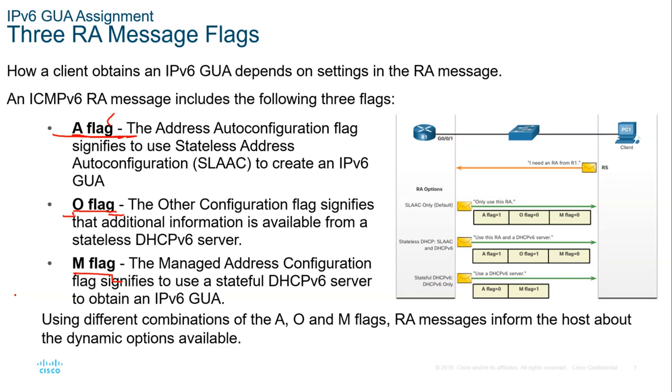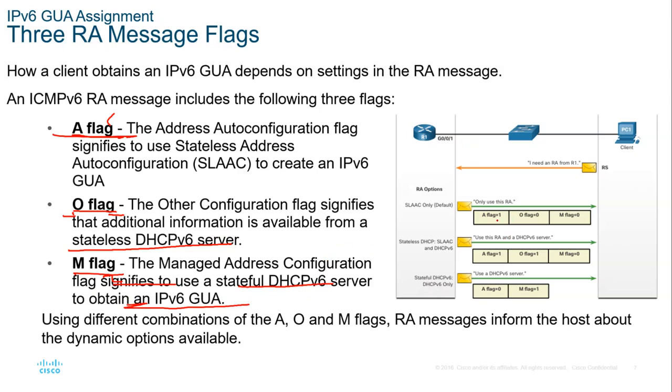Then we have the O flag. The other configuration flag signifies that additional information is available from a stateless DHCP server. Then the managed address configuration flag signifies to use a stateful DHCP server to obtain the IPv6 address.